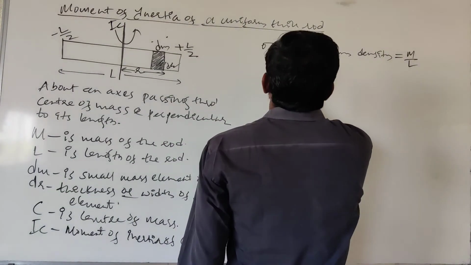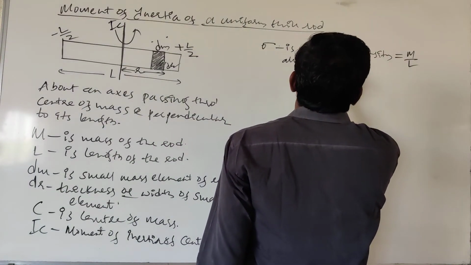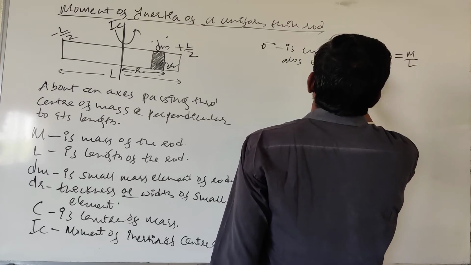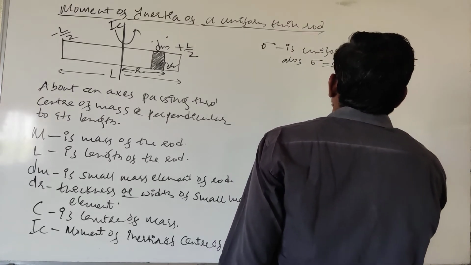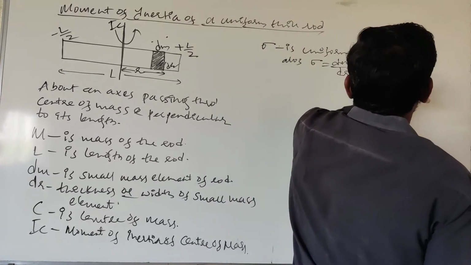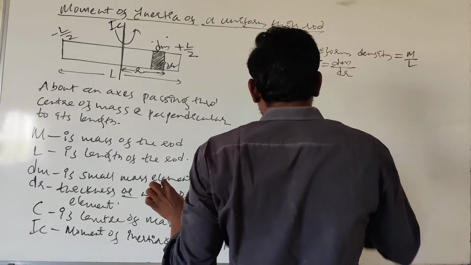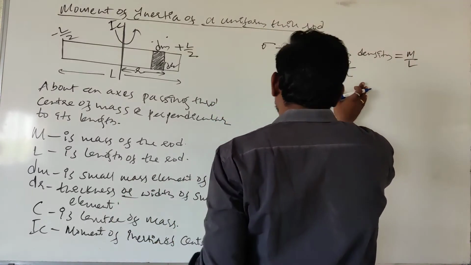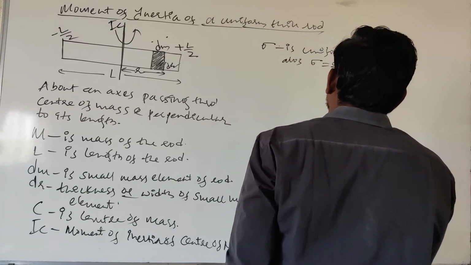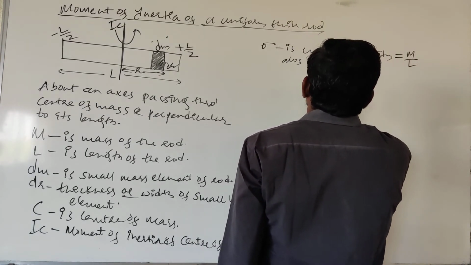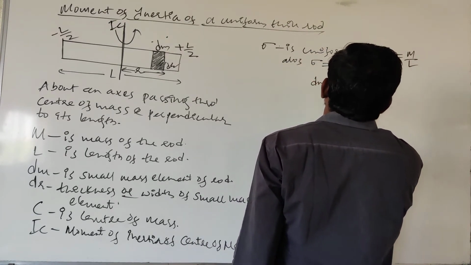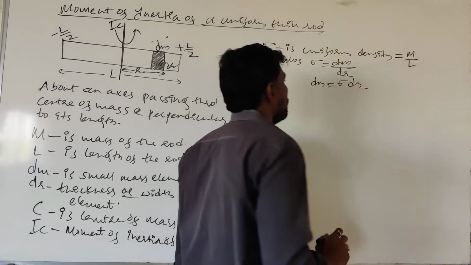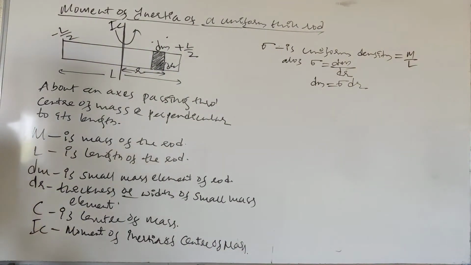Also sigma is equal to dm divided by dr, mass by length, and dr is the thickness or width. So dm is equal to sigma into dr, right?